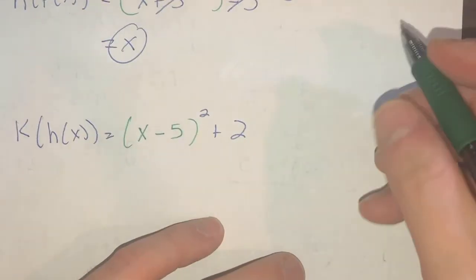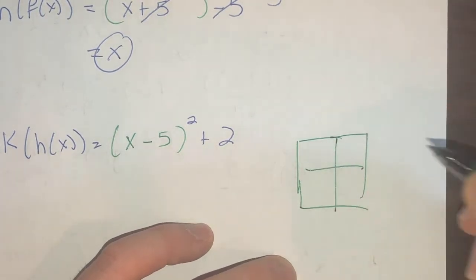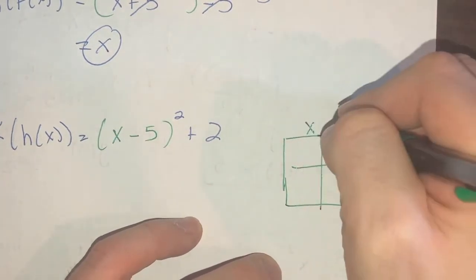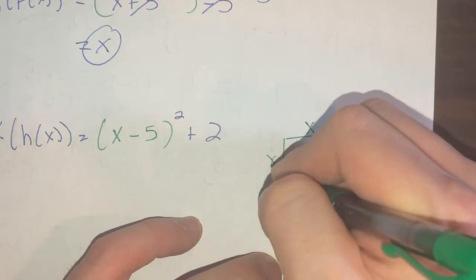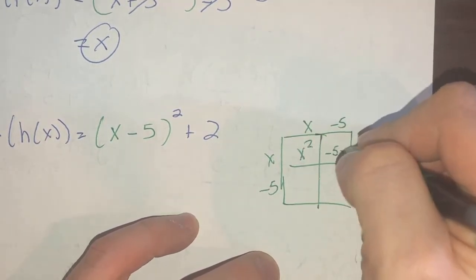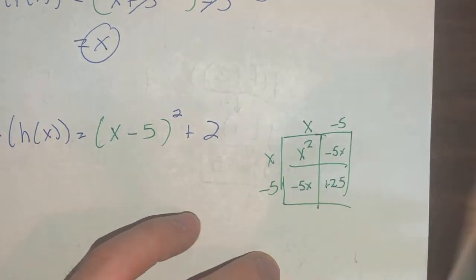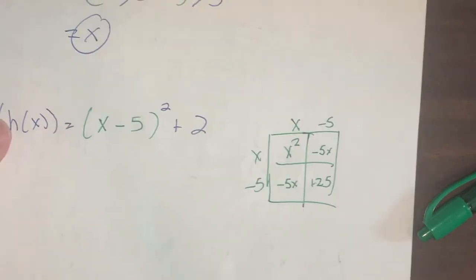So I want to square x minus 5. I'll make a box. You can do it with the FOIL method if you want, but I love this because this method actually works for all kinds of things. So I get x squared minus 5x minus another 5x plus 25. So what does that give me?